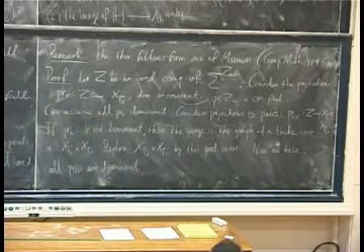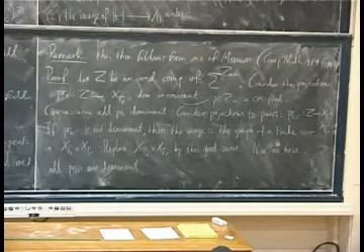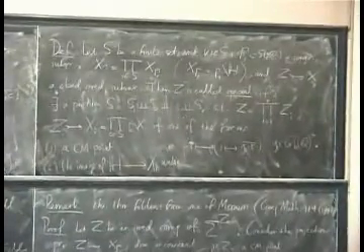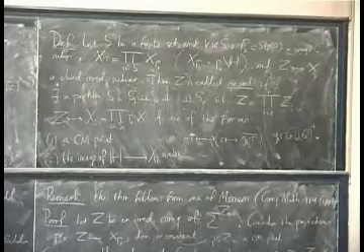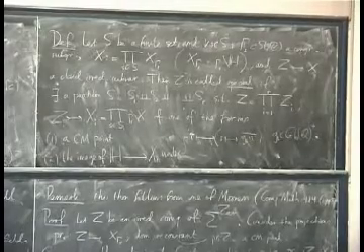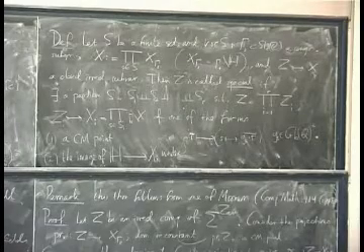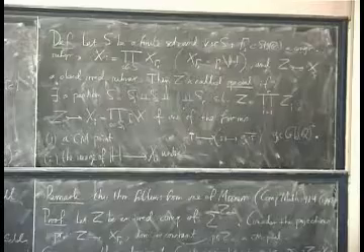Now let us look again at the definition of special subvariety. Basically, this definition says that the relations come from isogenies between pairs of coordinates. Right? That is what it says.